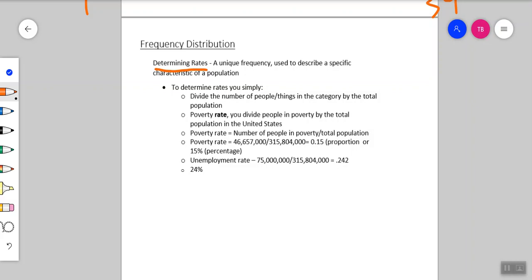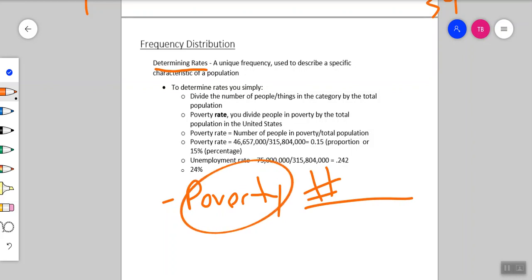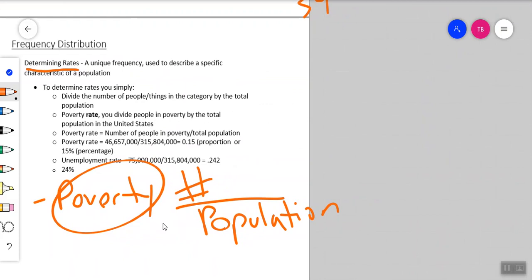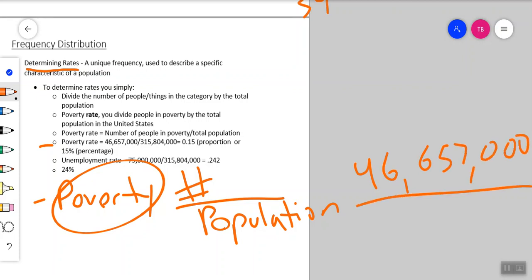So in stats, when you're telling the story, if you're a government official and you want to talk about poverty in the United States, you might describe the rate. So in this case, as with any rate, you take the number of people that have this characteristic over the total population. So in our example, let's say there's 46,657 people in poverty.